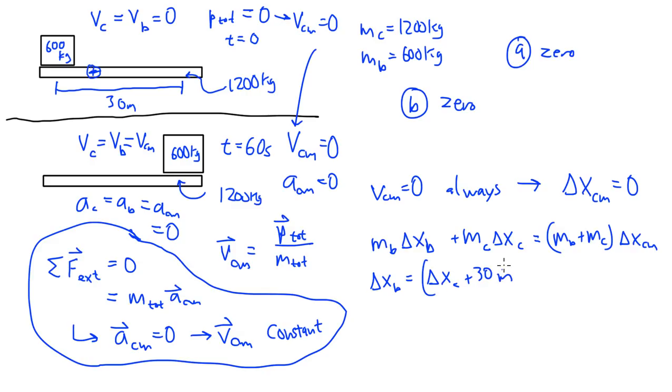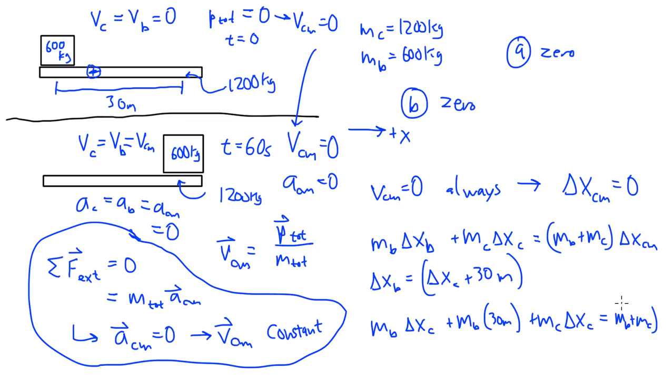So we plug this in. Whatever displacement the train car goes through, the balls go through the same displacement, plus they get shifted 30 meters to the right, and I'm taking the right as positive x. So all this is a fancy way of plugging this in for this, and what we get is mb times delta x for the train car, plus mb times 30 meters, plus mc times delta x for the train car, equals mb plus mc times delta x for the center of mass.